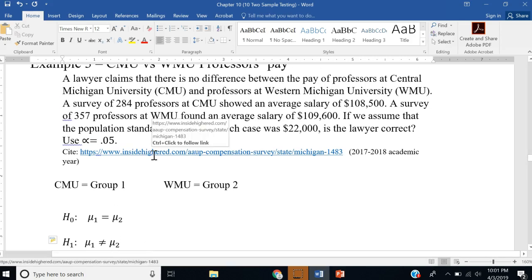Be really careful because the first entries are 22,000 and 22,000. Whoops. In other words, the first entries here are my population standard deviations. And then it asks me for the group averages. Now, again, be careful. Group 1 is CMU, so the average for salary of CMU for these 284 professors was 108,500.